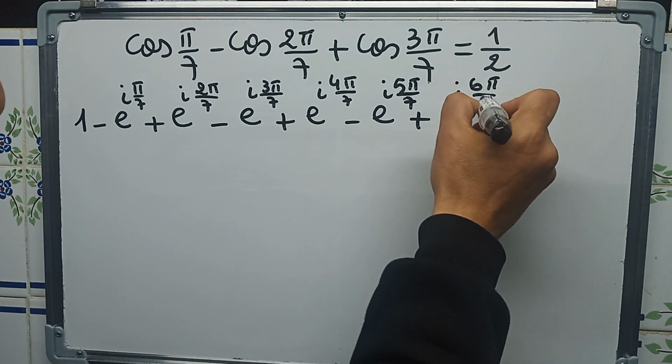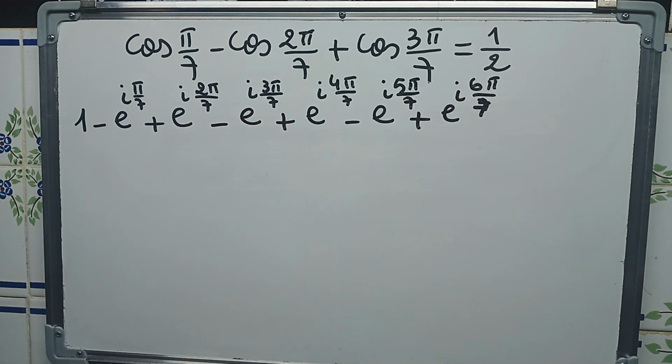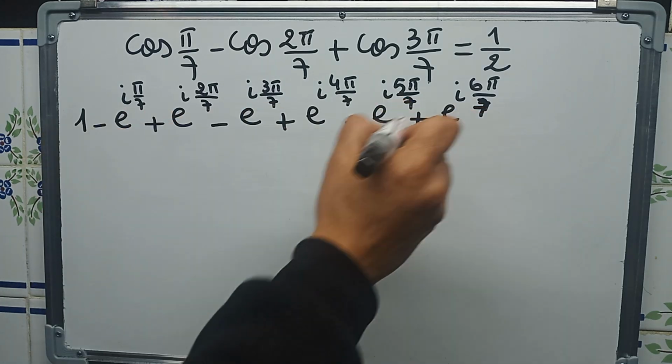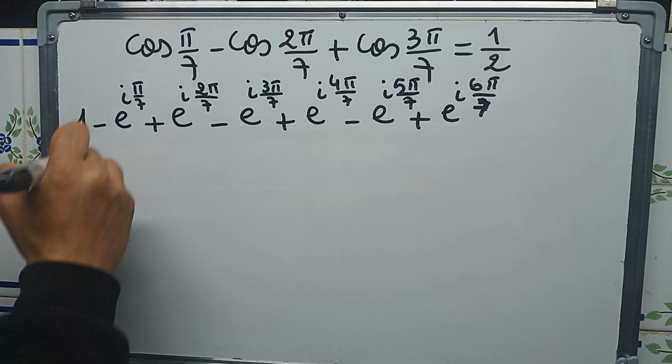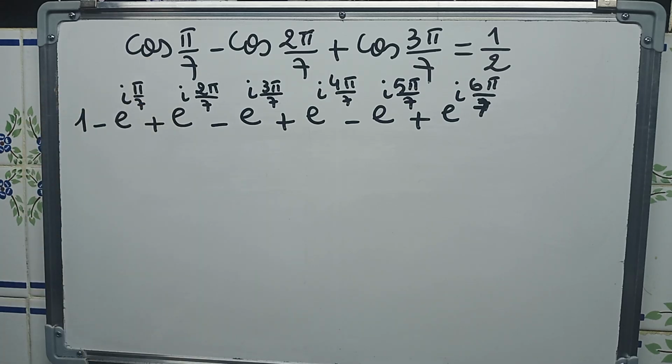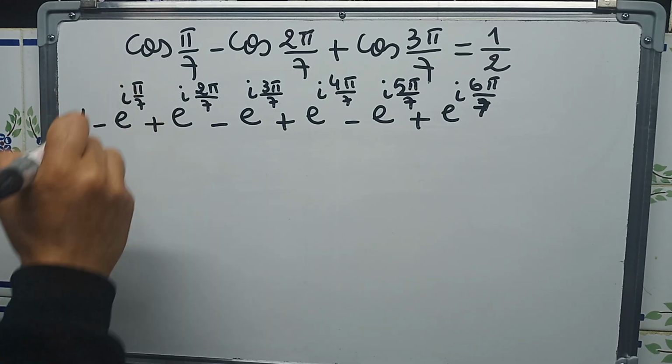Of course, we will evaluate this number. Here we have a geometric sequence with the common ratio minus e^(i pi over 7).